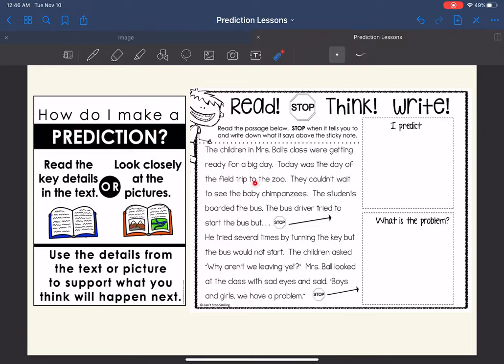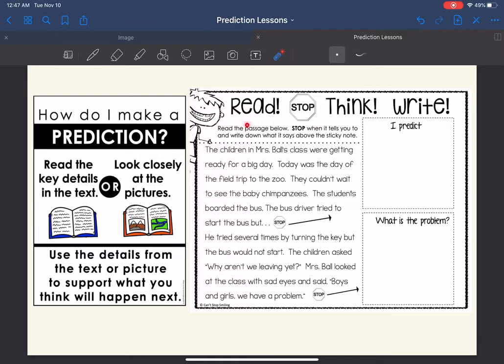We're going to read a text and we're going to read the key details in the text. And you're going to look closely at pictures if that is in your own text. But in the text we give you, you will be using the key details in the text. And then you're going to use those details from the text to support what you think will happen next.